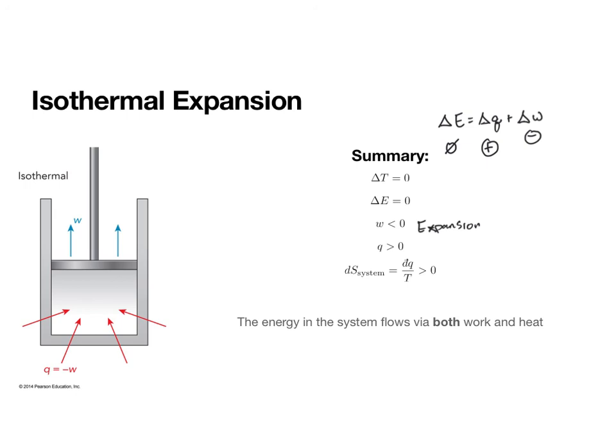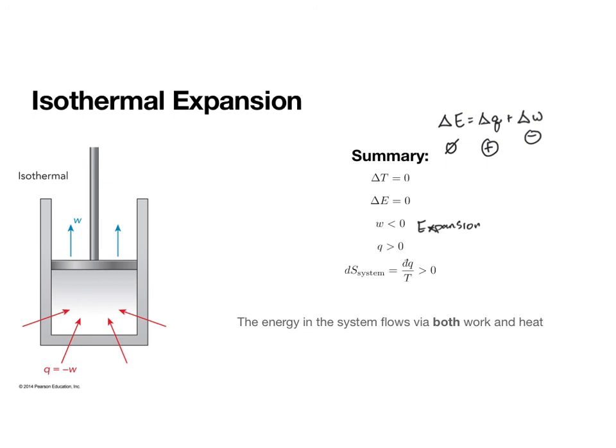But the other thing that we know with this is that the entropy of the system is positive because the entropy is dQ over T. And since dQ is positive, that means that dS is also going to be positive.